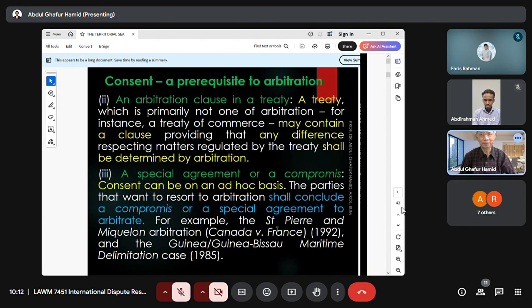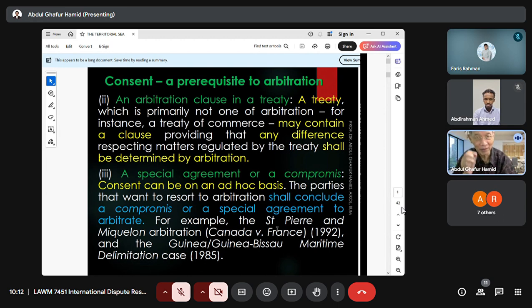Number two is an arbitration clause in a treaty, in any type of general treaty. In any type of treaty, a treaty of commerce or whatever type, there will be a clause in the treaty known as an arbitration clause. The clause provides that any difference respecting the matters regulated by the treaty shall be determined by arbitration.